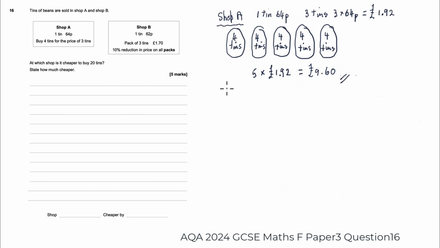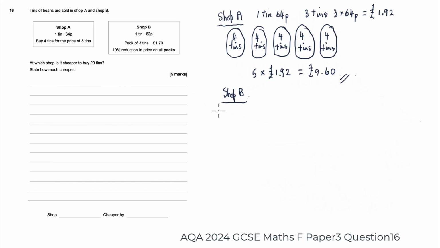So let's go next door to shop B, and we'll try and figure out how much 20 tins cost in shop B. Well, they appear to be cheaper. 1 tin costs 62 pence. However, a pack of 3 tins is £1.70, and there's a 10% reduction in price on all packs.